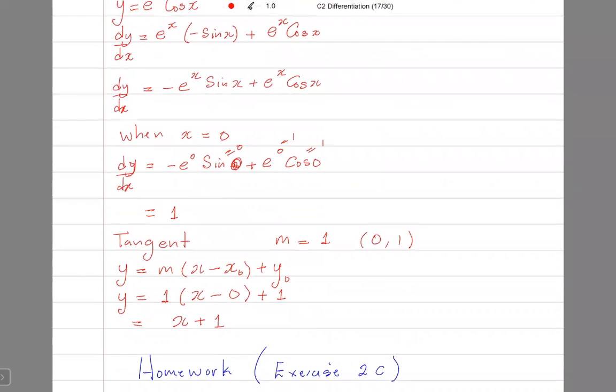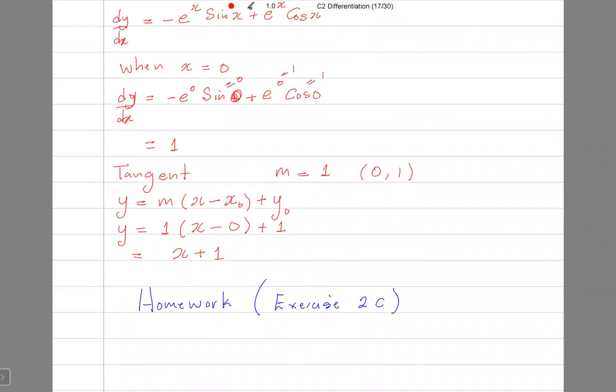So the tangent is y is equal to x plus 1. The general procedure: I find the point of contact by substituting the value we get for x into the function for y. That will give us the y value.